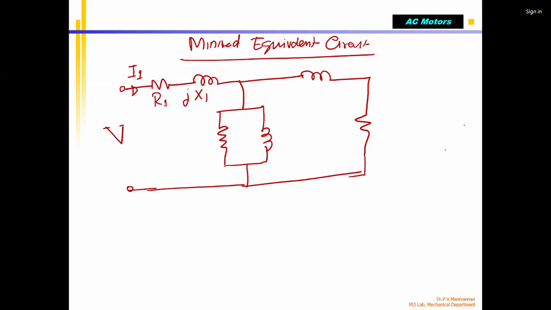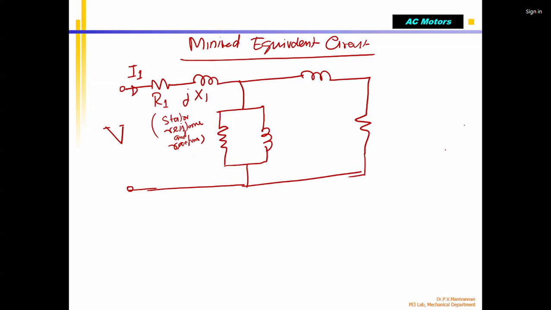This is called R1. R1 X1 is nothing but a stator resistance and reactance. Hereafter in the induction motor, wherever we say R1 X1 means this stator reactance and resistance. I1 is the current entering into the stator coil.